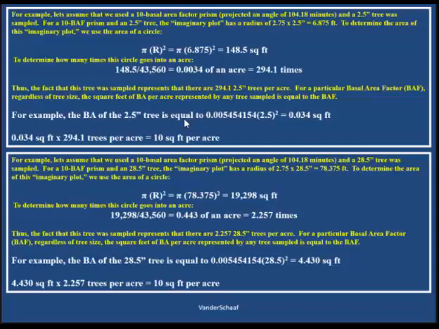Now, if you want to sample the smaller trees, or if you're working on a low basal area stand, then you probably want to pick something like a 5 BAF. Or if you want to sample every tree diameter with equal probability, then you use fixed radius. You don't use variable radius. Variable radius is used a lot of times when you don't want equal probability.